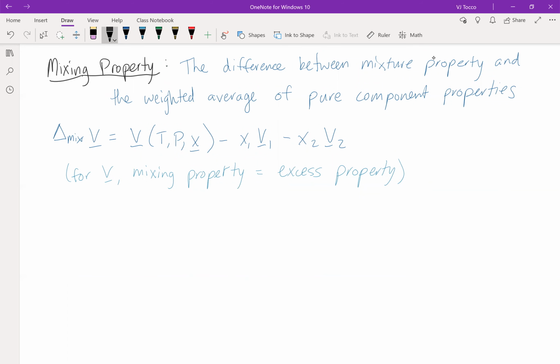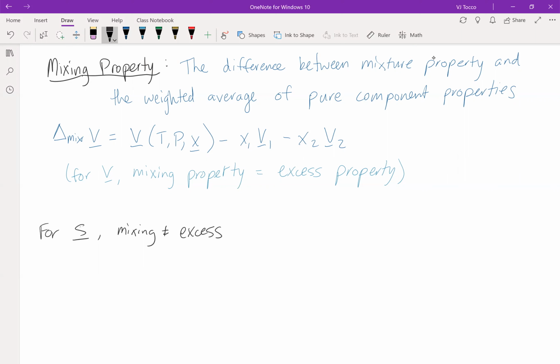Consider the case of entropy. For entropy, the mixing property is not equal to the excess property. That is because when you mix two chemicals, you inherently increase the entropy, right? If I mix that ethanol water system, even in an ideal case, my entropy is going to increase. It's not just going to be a weighted average.